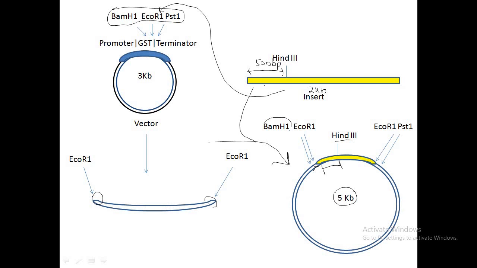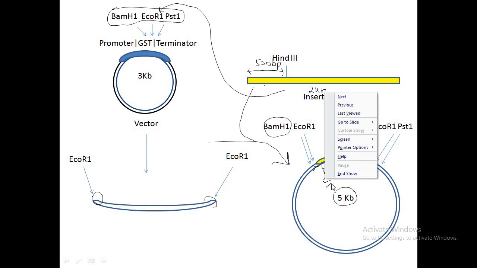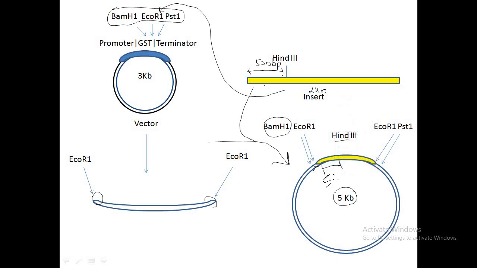So you can conclude that HindIII is located just 500 base pair downstream of this BamH1. The distance between BamH1 and HindIII is 500 base pair. So when you cleave with BamH1 and HindIII, you will get two different products: one is this 500 base pair, and the other is this entire product of 4.5 kb.